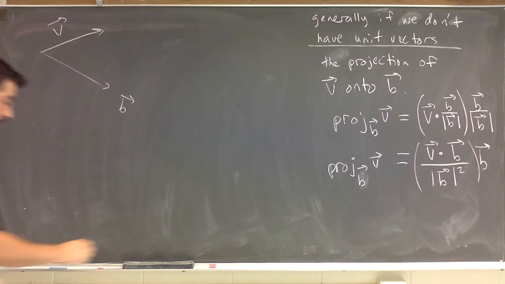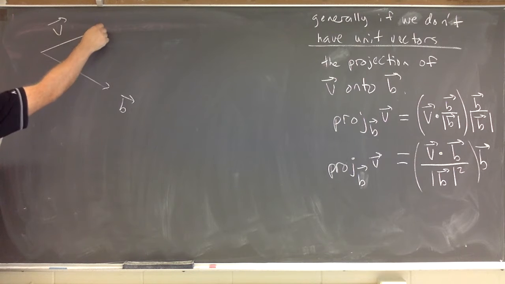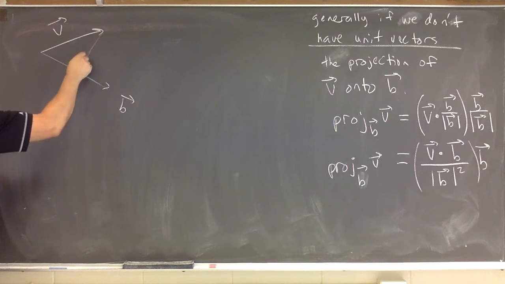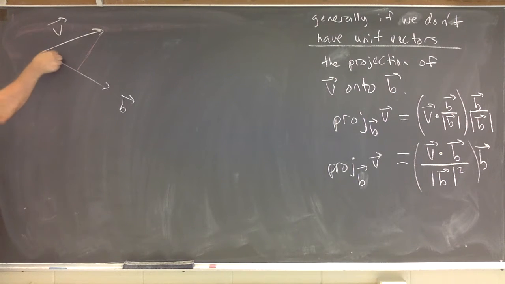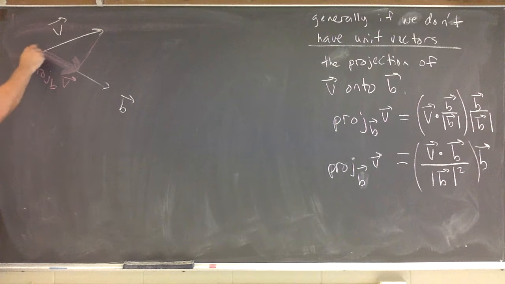So then what we're talking about, okay, you drop a perpendicular basically to where B is, and this vector there would be the projection of V onto B. So from here to where that perpendicular, or the opposite side of that angle, would meet B, that is the projection.